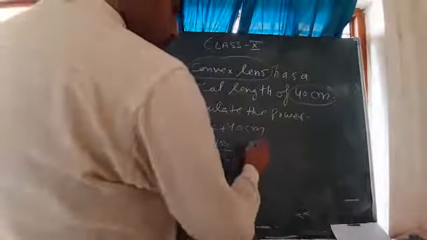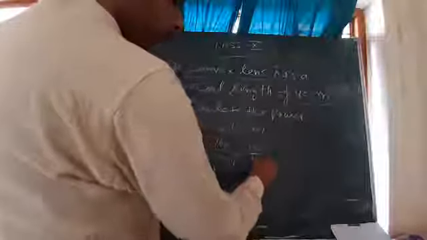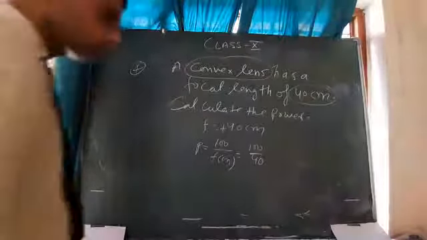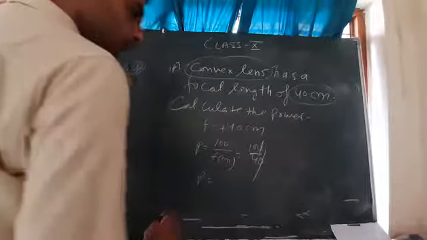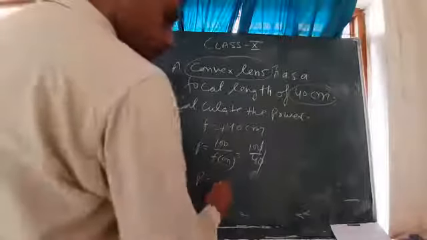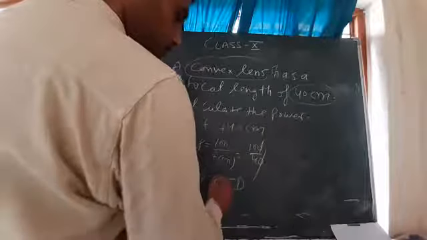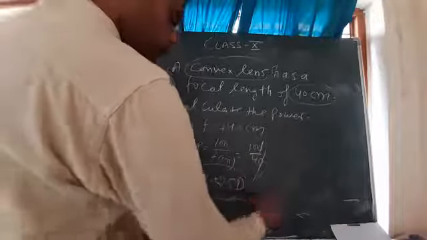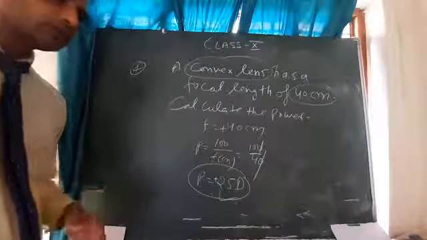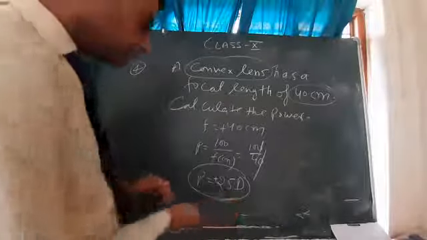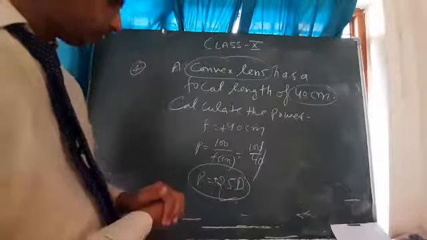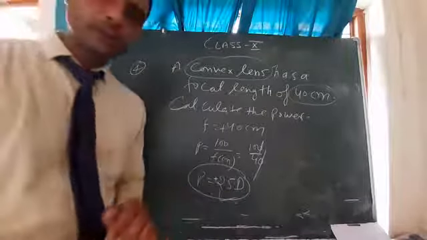So 100 upon 40, that is 2.5. So P equal to plus 2.5 diopter. So this is the power of the given lens. I hope you understand how to solve this numerical.